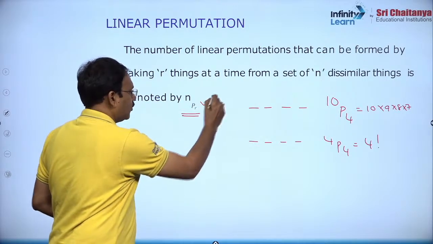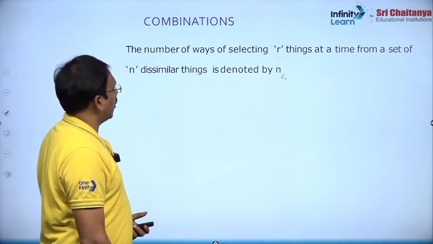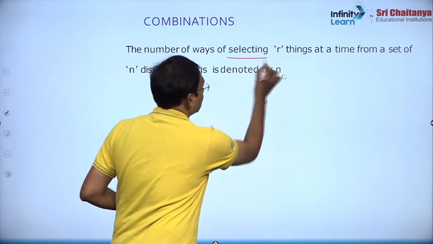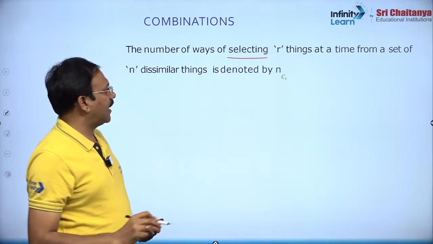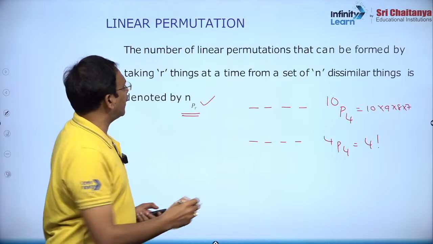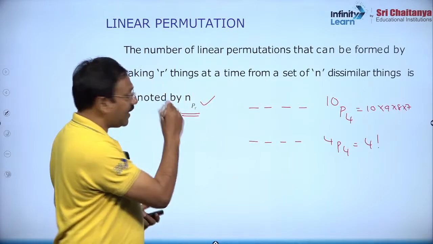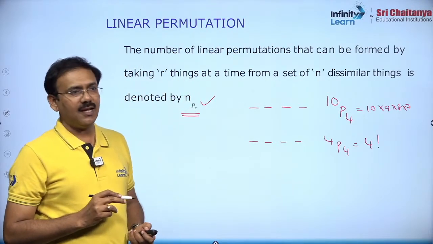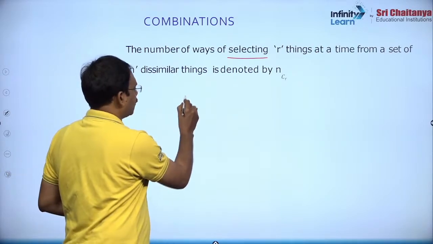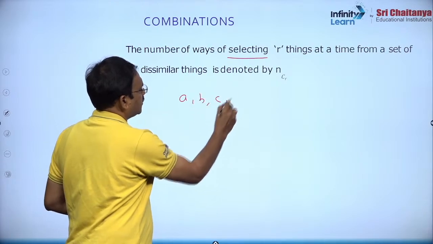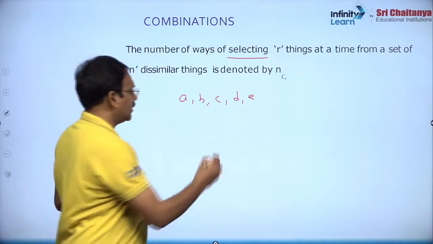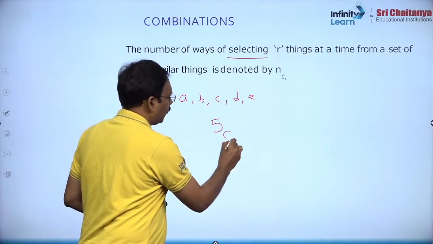So, nPr you know. Next concept: the number of ways of selecting r things at a time from a set of n dissimilar things. Earlier one was the number of ways of arranging. Permute means arrange, combination means selection. Suppose there are 5 students, say A, B, C, D, E. You want to select 2 students, symbolically it is written 5C2.